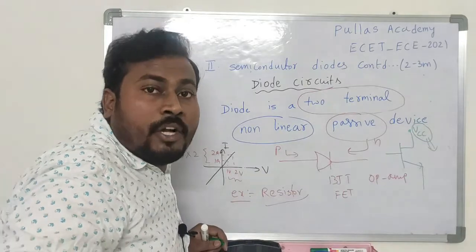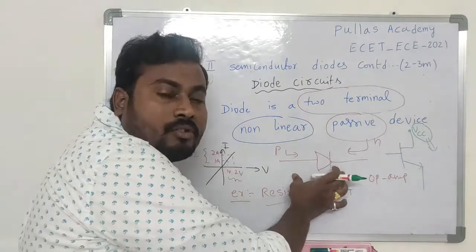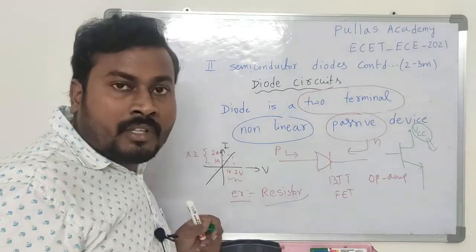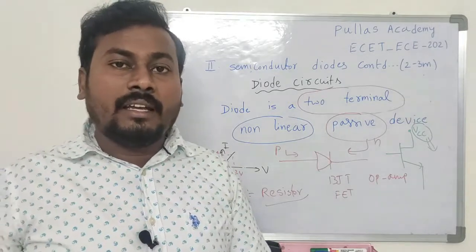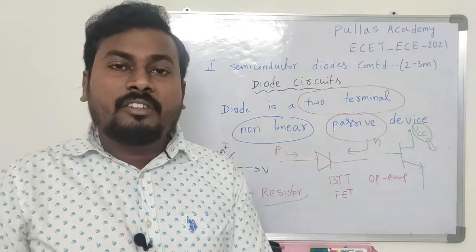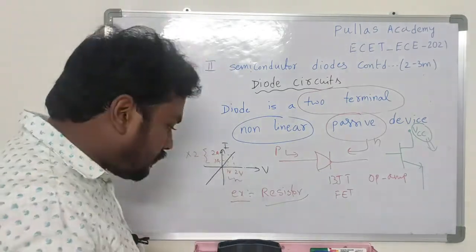This scope you don't have in a diode. That's why we say that a diode is a passive device. So now you can understand clearly: a diode is a two-terminal non-linear passive device.